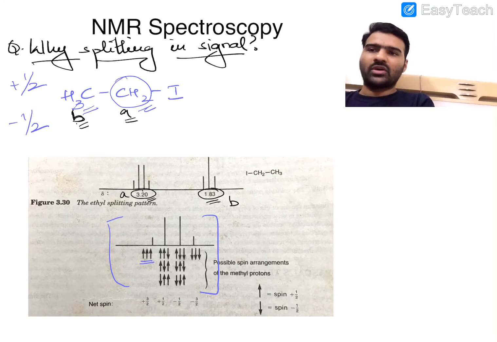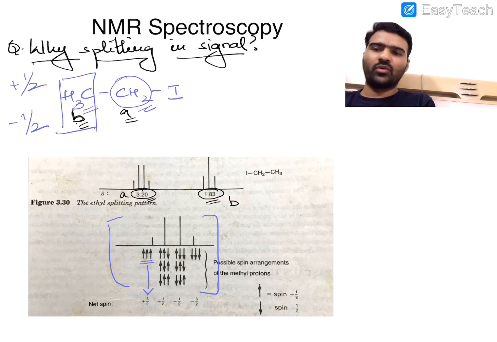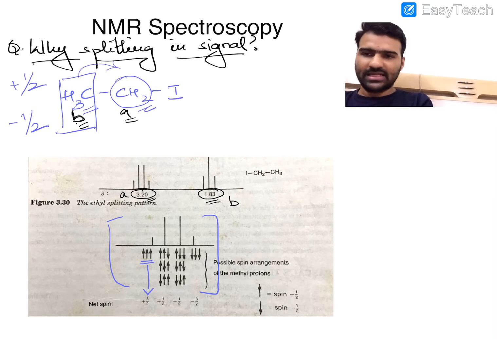Okay, so all three protons which are of the B type could be having the same spins of plus half, plus half, and plus half, and hence right at the bottom you've been given plus 3/2 as the overall spin that will be having some effect on the methylene protons, right?